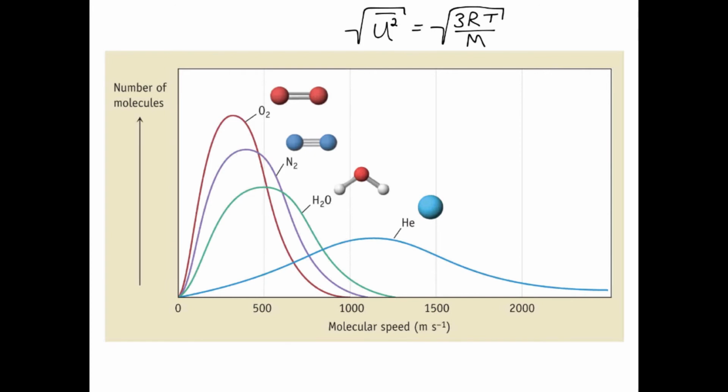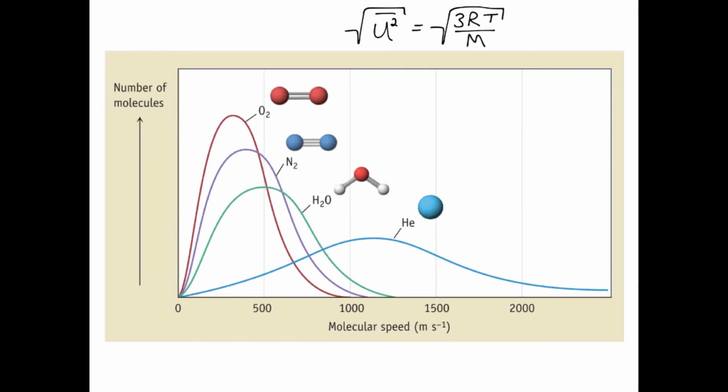This is a plot of, again, molecular speed on the horizontal and number of molecules on the vertical. Shown in red is the sample of oxygen that you had just seen on the previous slide at 25 degrees. And comparing that, we are looking at nitrogen, water, and helium. These are gas samples of all of these different molecular substances. And again, they're all at 25 degrees Celsius.